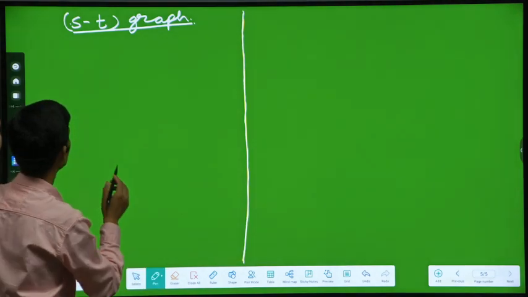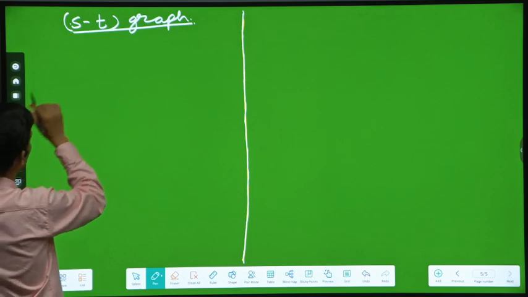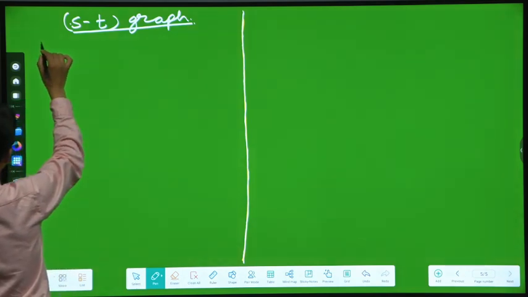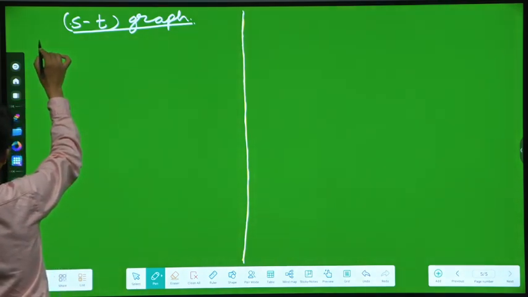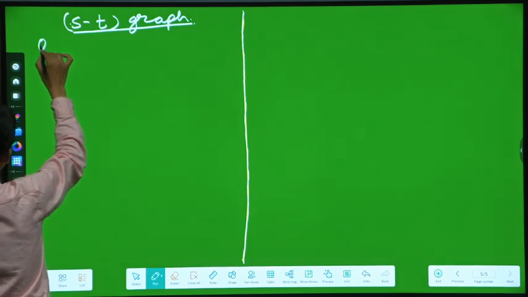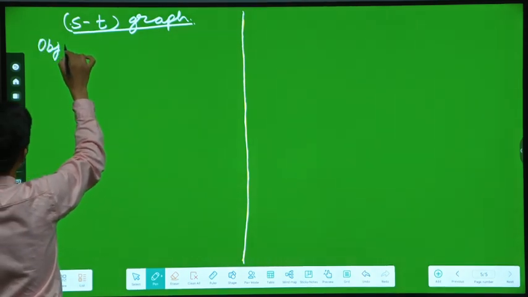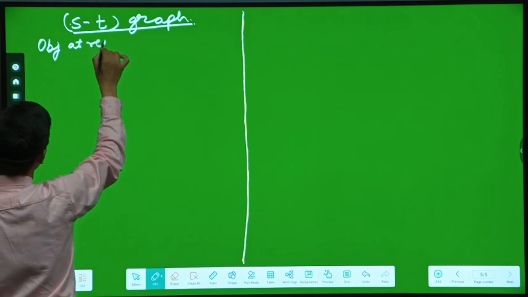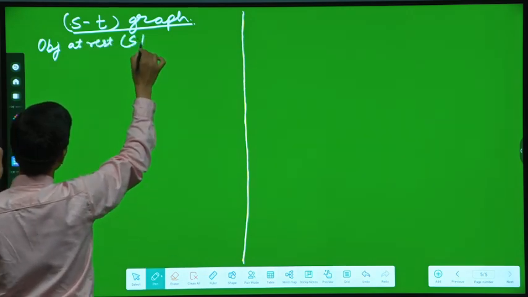But first, there are some cases. First case, object at rest, or we can say stationary position.